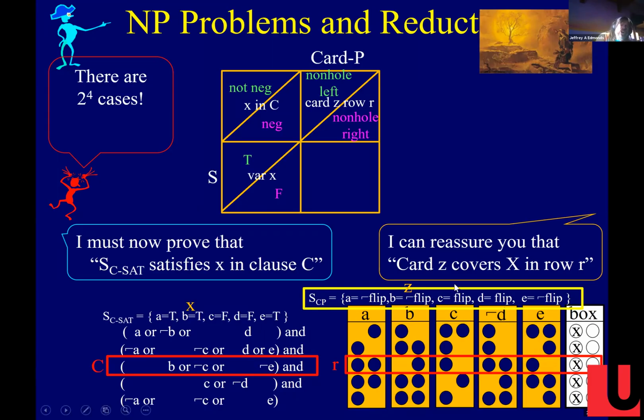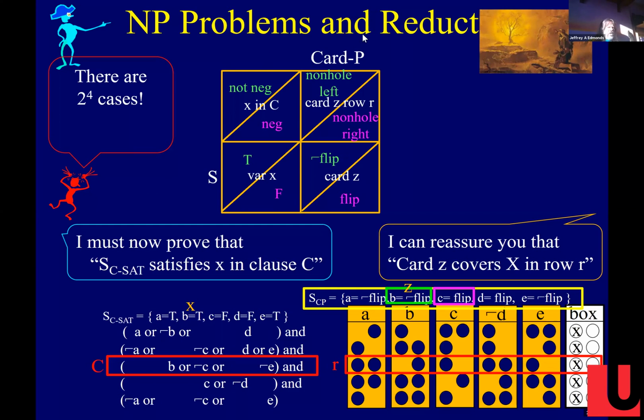We have a particular card and we have a solution. Well, that card might be flipped and it might not be flipped. Everybody see all these situations? Right, we played the game. What was our game? The adversary gave us a bunch of clauses.